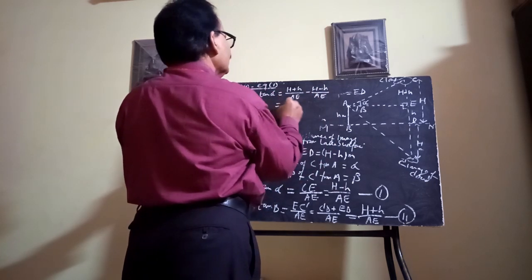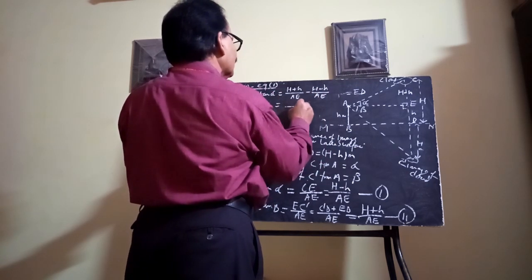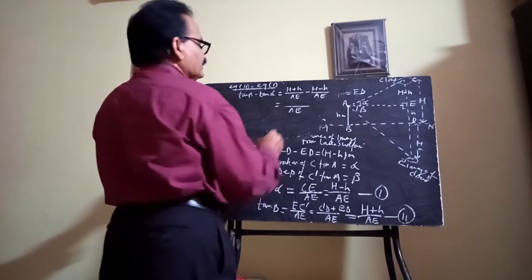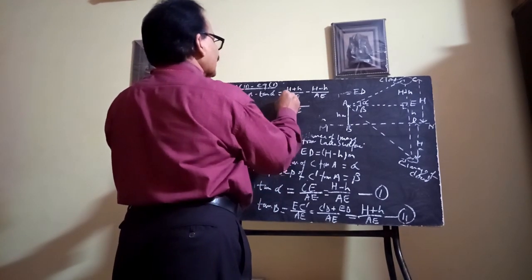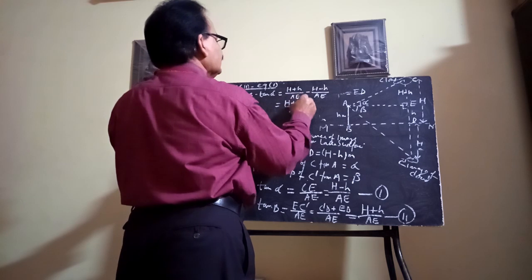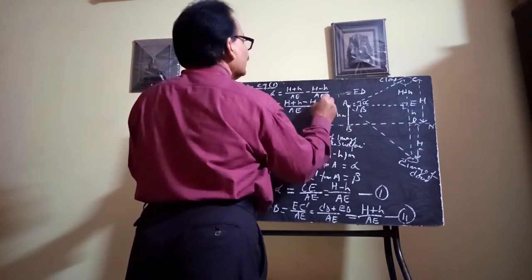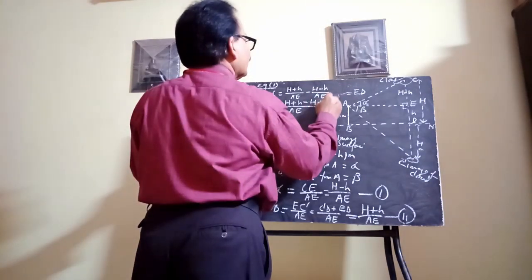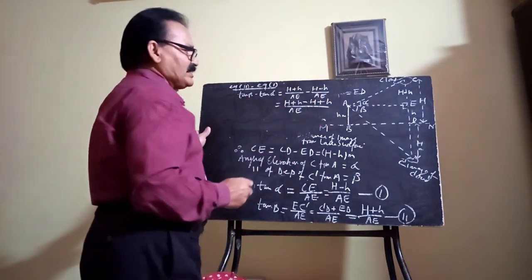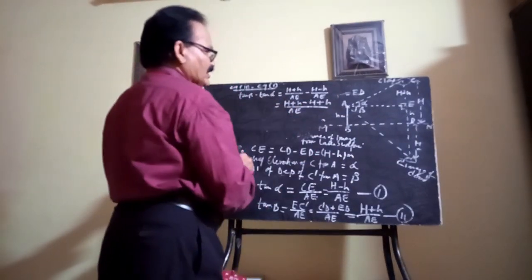Okay, so AE will be your LCM, then capital H plus small h minus capital H and then plus small h, because minus of minus h here will become plus.